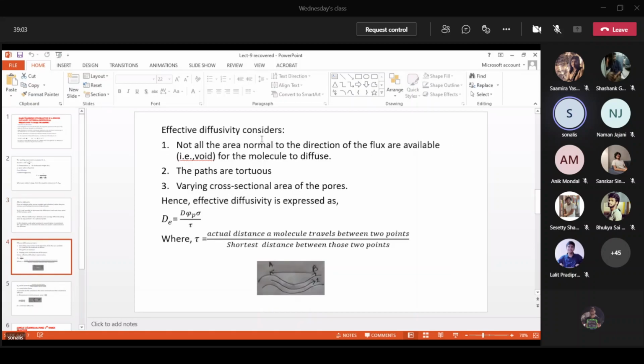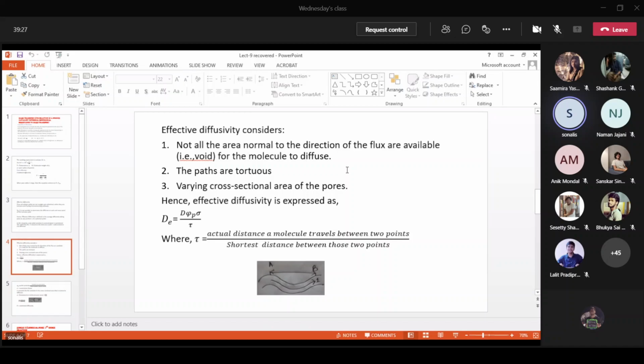These are the points we have taken as assumptions for calculating the effective diffusivity. Not all the area normal to the direction of the flux is available, that is void, for the molecule to diffuse. If it is not void, the molecule cannot diffuse. If it is a solid part of the catalyst, the molecule cannot diffuse.